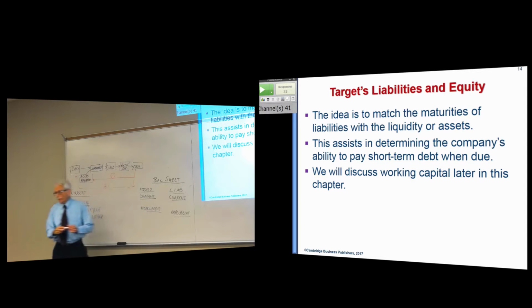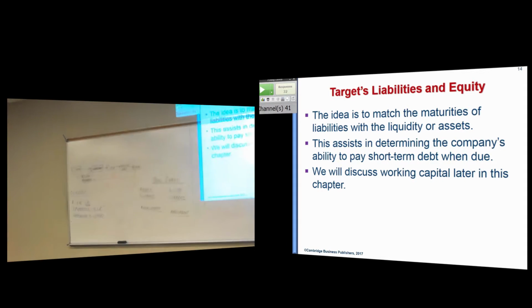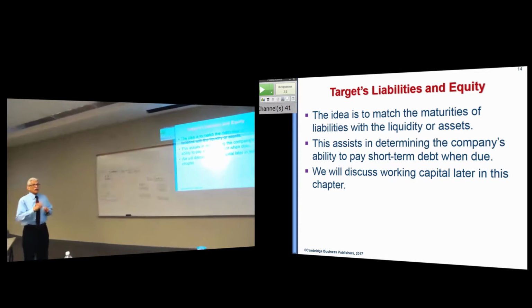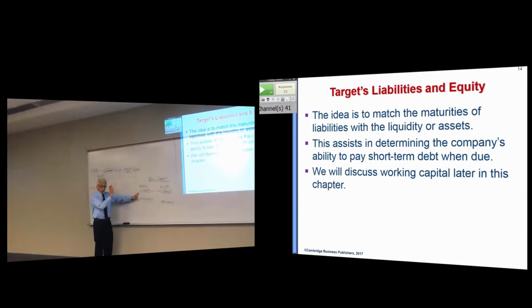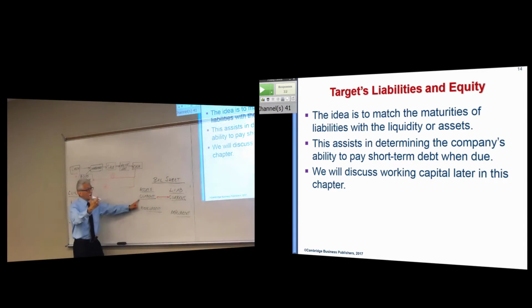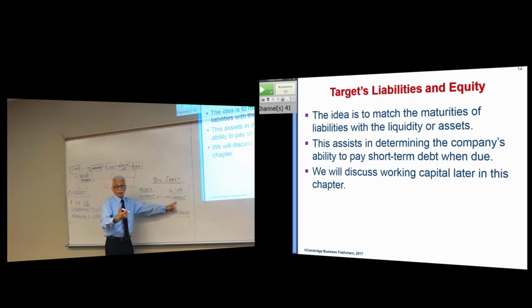So the whole idea is to allow the reader to properly assess the company's ability to pay off short-term debt when it's due. For example, I'd have to look at the current assets to determine if they are sufficient, liquid enough to pay off my current liabilities.